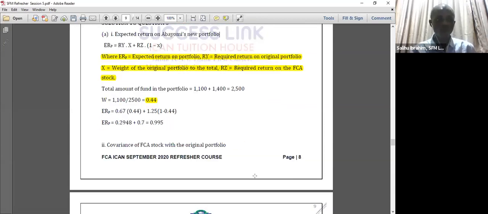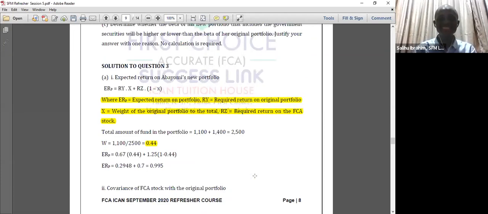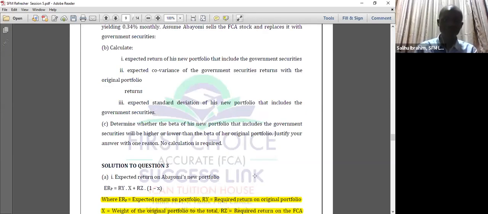We also explain whether the beta of his new portfolio that includes the government security will be higher or lower than the beta of our original portfolio. Justify your answer with one reason. No calculation is required. Now, beta measures systematic business risk. It measures systematic risk on an investment, isn't it?